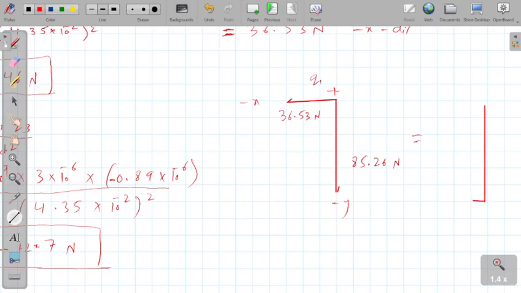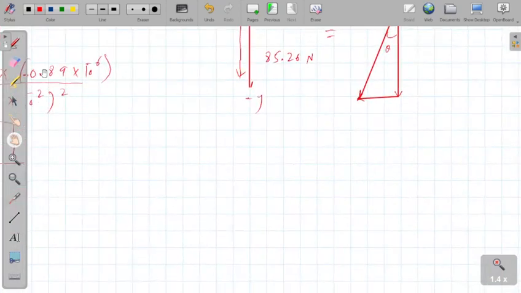I have displaced this vector there to follow the head to tail rule, to add them vectorially. So the resultant vector will be like this, this angle will be like that, and this is the angle which we have to find. First of all we have to find the magnitude.